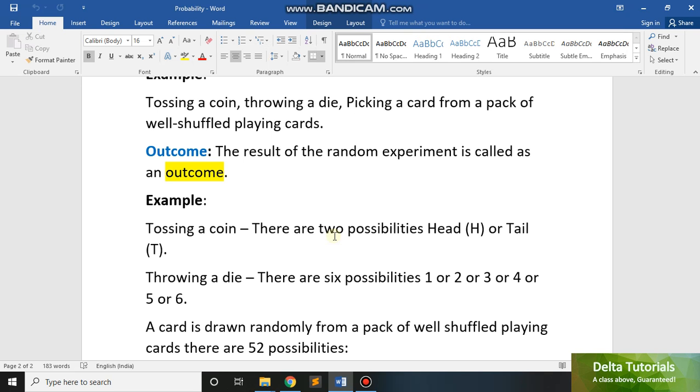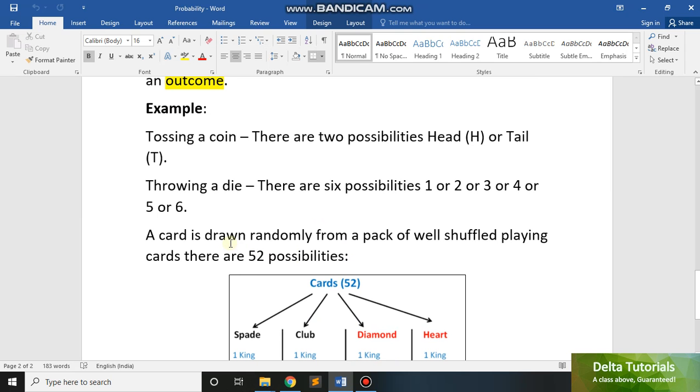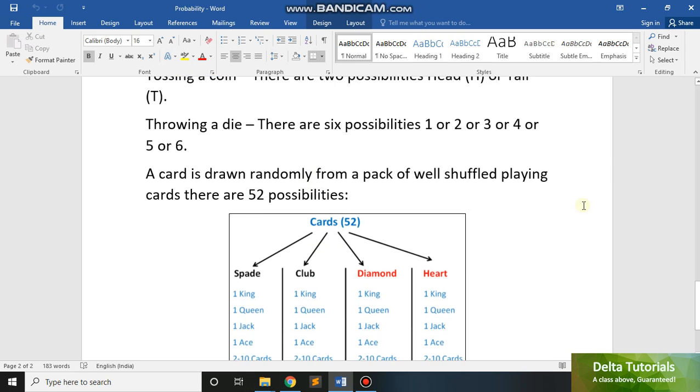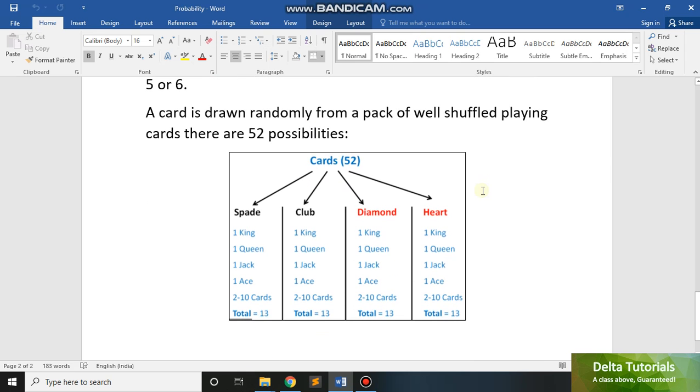And the last one is picking a card from a pack of well shuffled playing cards. For this we have 52 possibilities because we have 4 types of playing cards: spade, club, diamond and heart, and each and every type has 13 cards. So 13 into 4 comes out to be 52.